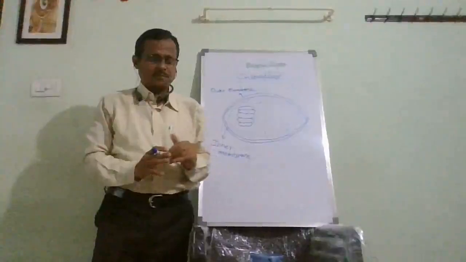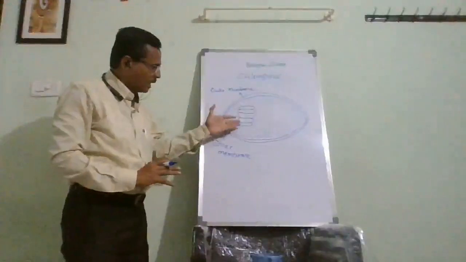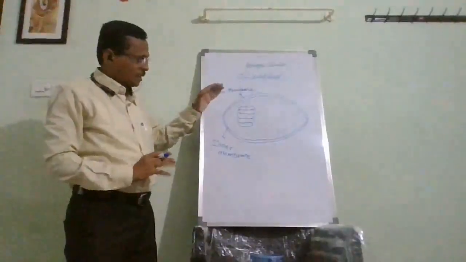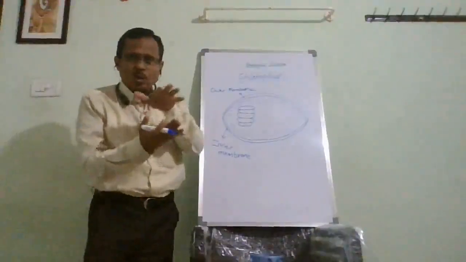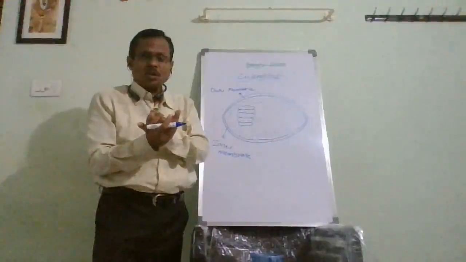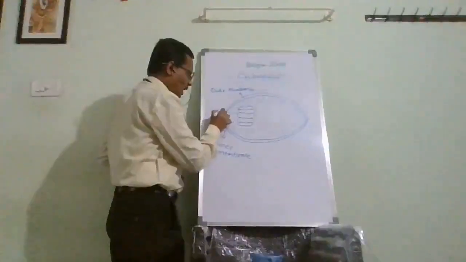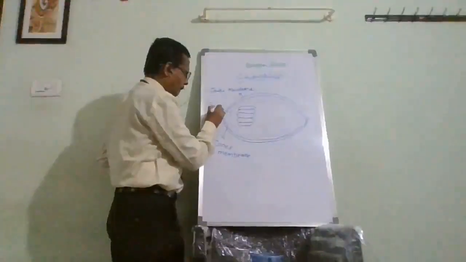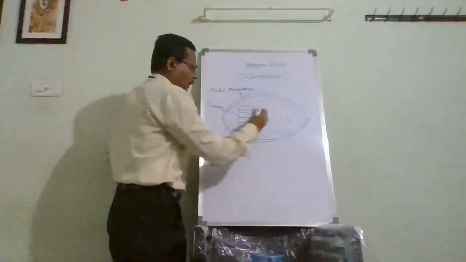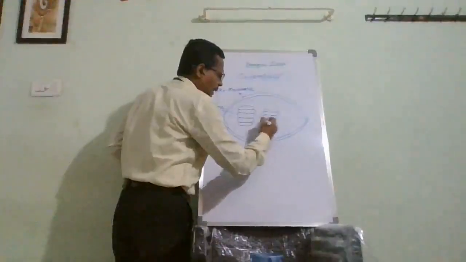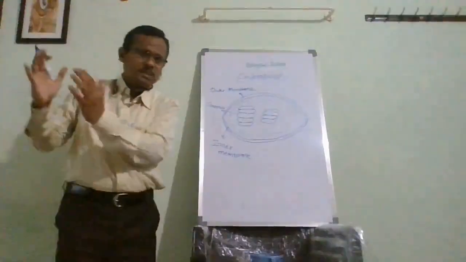They are packed one over the other. These are called stacks of thylakoids or simply grana. And of course you find the grana in several series.